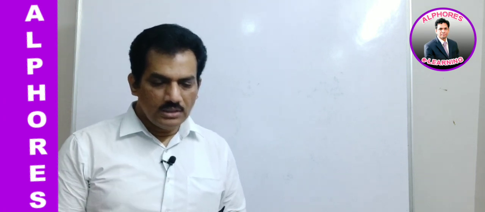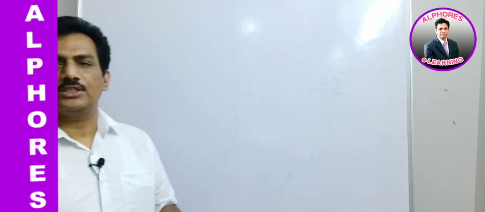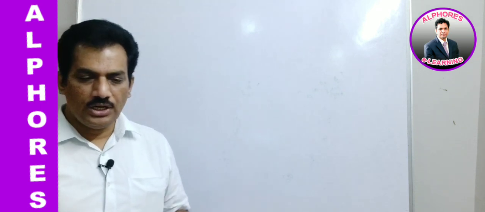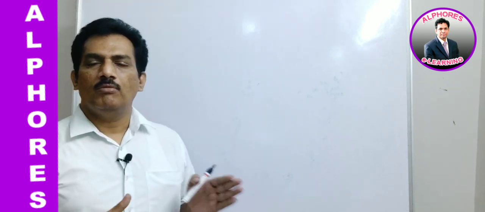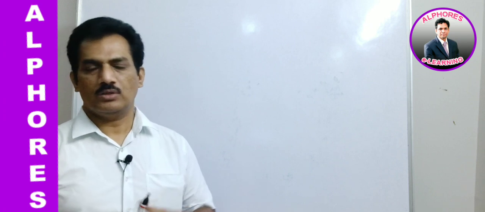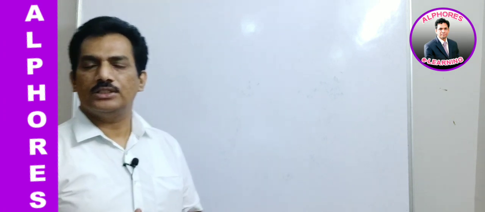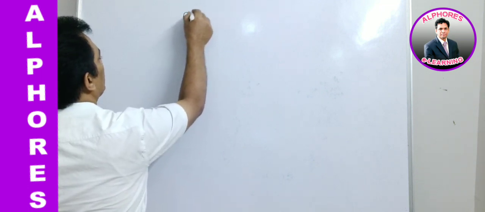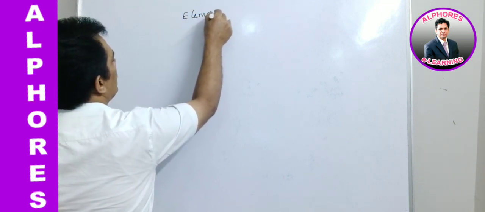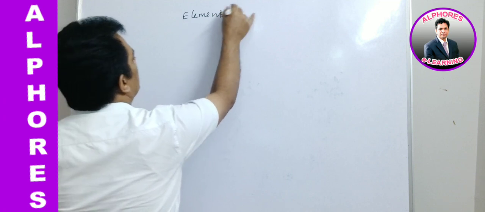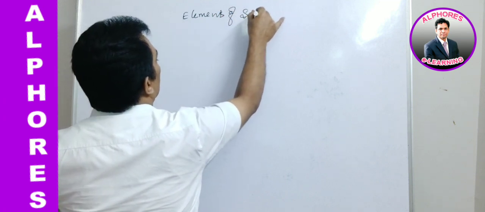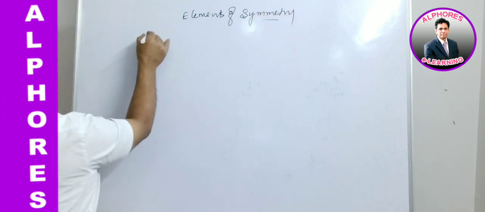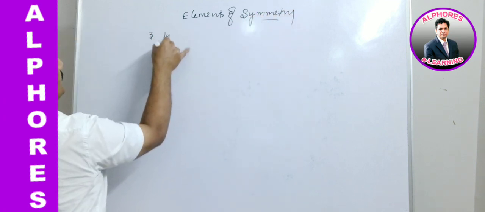So in this session we are having the discussion about the elements of symmetry, particularly by considering an example from cubic crystals. So let us have the discussion in this session. Elements of symmetry are of three kinds.